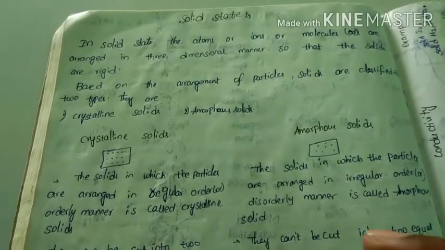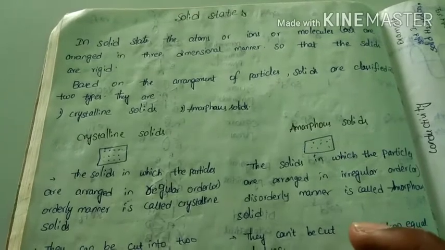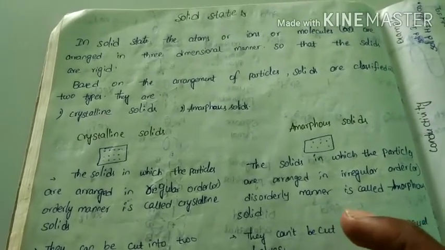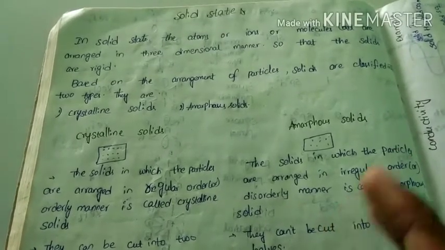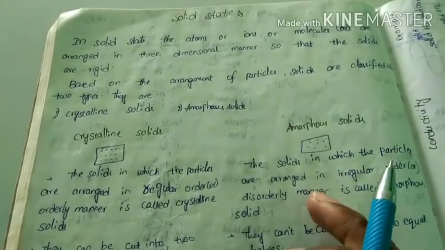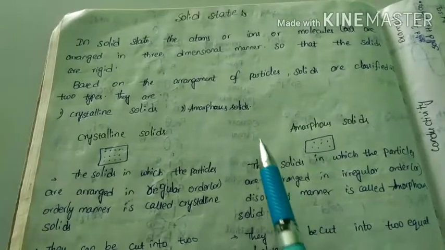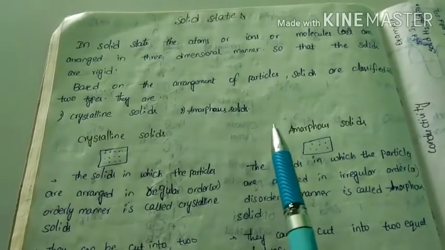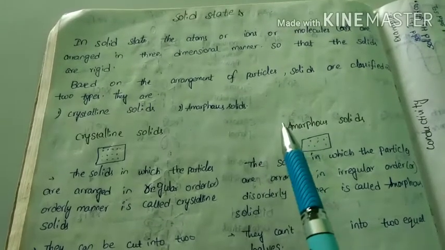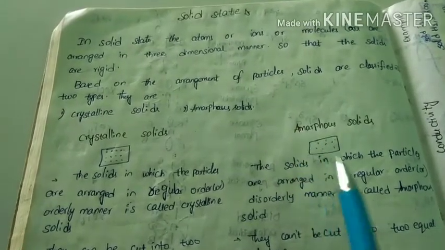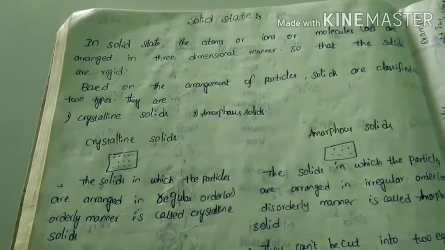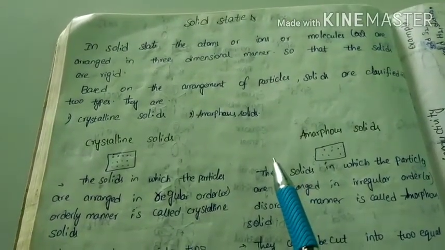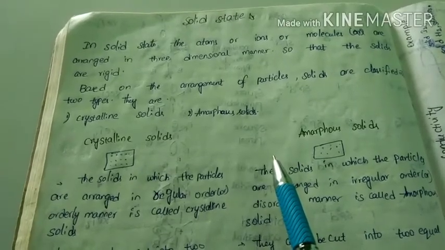We know the particles are closely packed in solids, freely moving in gases, and loosely packed in liquids. One definition of solids is: the substances which have a definite shape and a definite volume are called solids.